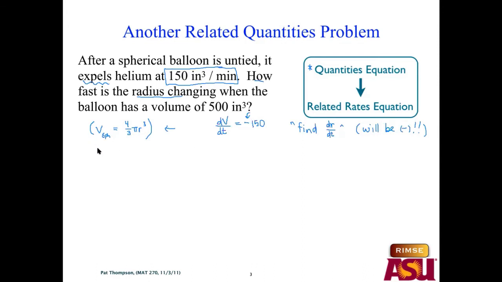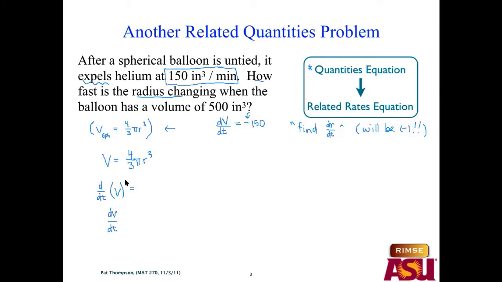So if I start from V equals 4/3 pi r cubed, and I want to know how the volume changing over time and the radius changing over time are related to one another, I'm going to take derivatives with respect to t, time. Notice dV/dr is how the volume changes relative to the radius. dV/dt, which is how I'd write this left-hand side once done, is how the volume changes over time.